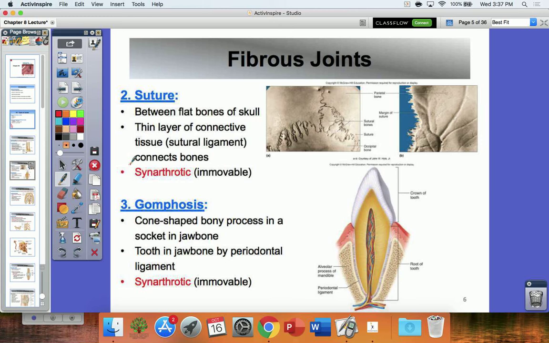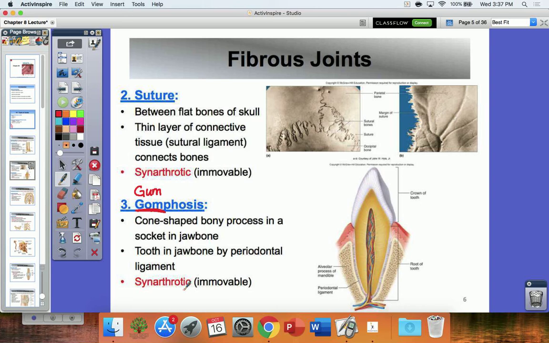And then we have gymphosis, which I think is quite interesting. Gymphosis kind of sounds like the gums, and that's actually where we find gymphosis joints. Also fibrous, so it has that dense connective tissue, but gymphosis is what anchors the tooth inside of the jawbone. And it's synarthrotic because we don't want it to move.